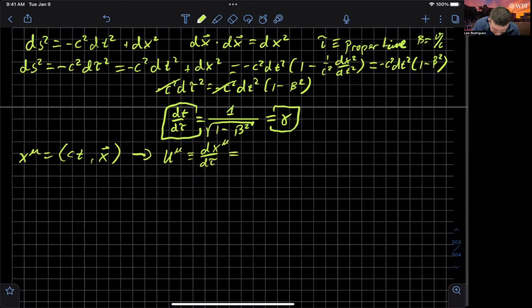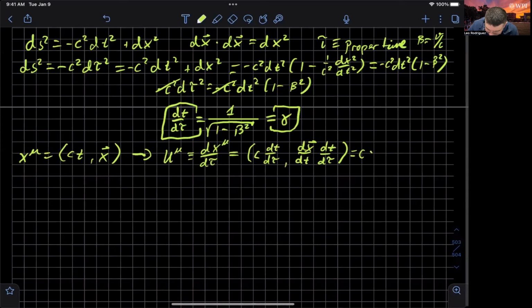If I look at my coordinates, that'll be c dt d tau, comma, and I'm going to do some chain ruling here: dx dt times dt d tau. I'm going to factor out a c here, and the dt d tau, which remember is just our gamma factor.